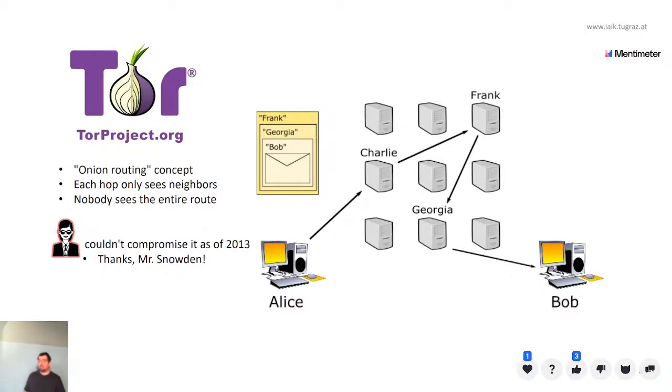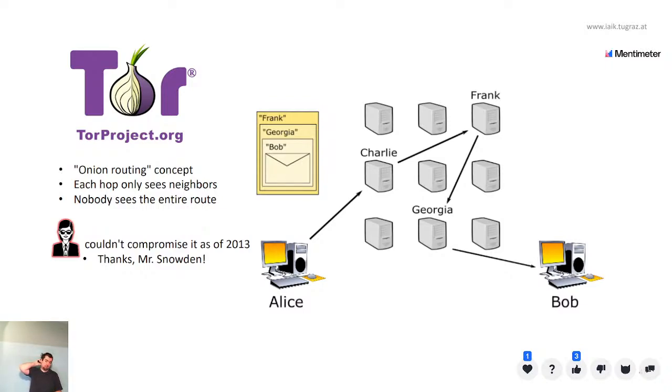The message is encrypted to Frank, so only Frank can decrypt it, and says, please talk to Georgia and send this encrypted message. That message is again encrypted so that only Georgia can read it, and Georgia's message says, please talk to Bob. Then Georgia talks to Bob, and we do the entire dance backwards, and the data arrives at Alice's computer. That is the very fundamental idea behind the Tor project.